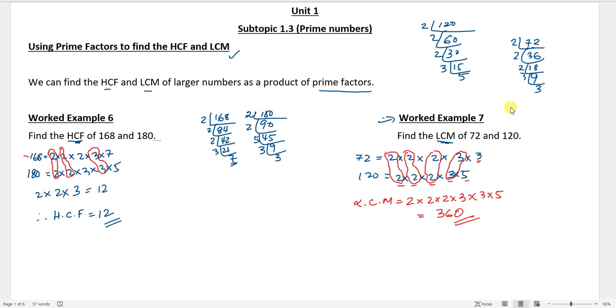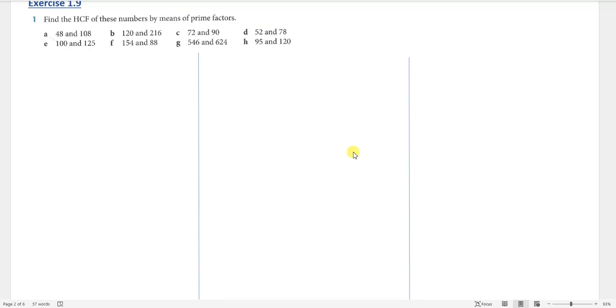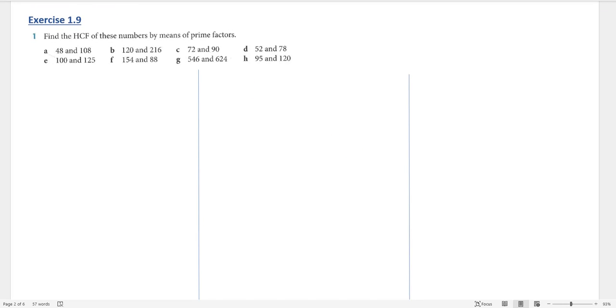Okay, so we will start with exercise 1.9. For exercise 1.9, I'm going to skip the workings so as to save time. So let's begin. Find the HCF of these numbers by means of prime factors. Question A, 48 and 108.